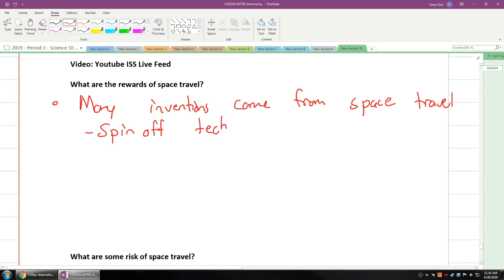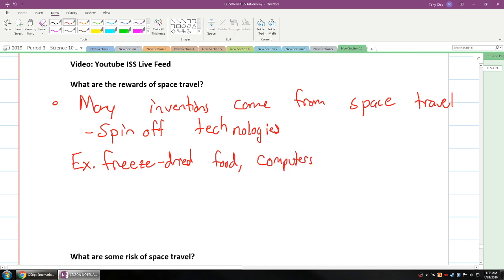That means they were meant for one thing, but now they're used for others. So examples of this would be freeze-dried food, computers, high-tech clothing.